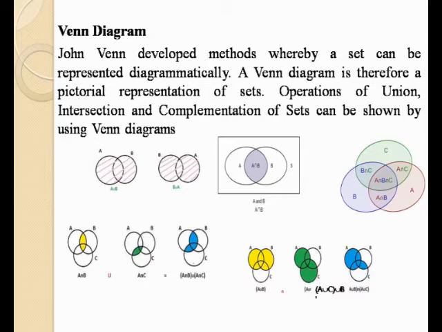Just as we can see in the first diagram on the left, we have A union B. The two circles interlock, that is, B overlaps A, and all the circles are hatched.